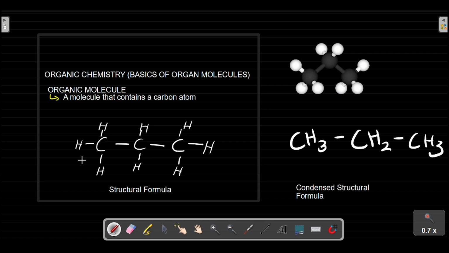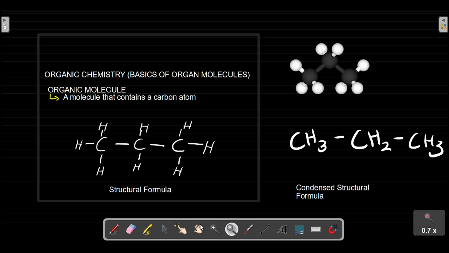So I have that CH3, which is 1 carbon atom with 3 hydrogen atoms, bonded to CH2, which is the carbon atom bonded to 2 hydrogen atoms, and then the CH3 at the end, which is 1 carbon atom bonded to 3 hydrogen atoms. And it's assumed that each bond is between the carbon atoms, not the hydrogen atoms.